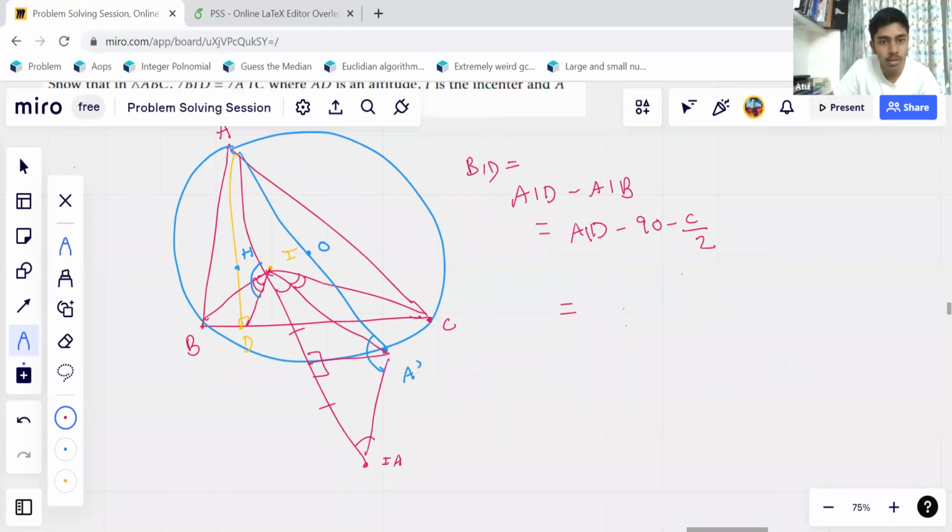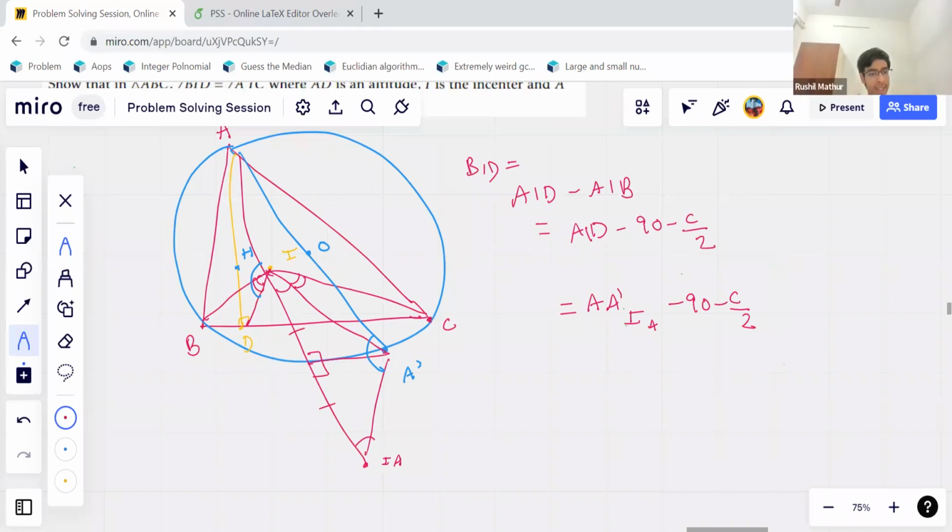So this is BID. What does AID go to? A dash IA minus 90 minus C by 2. But A dash IA is a bit weird. That's like ADIA. Yeah, that's not good.